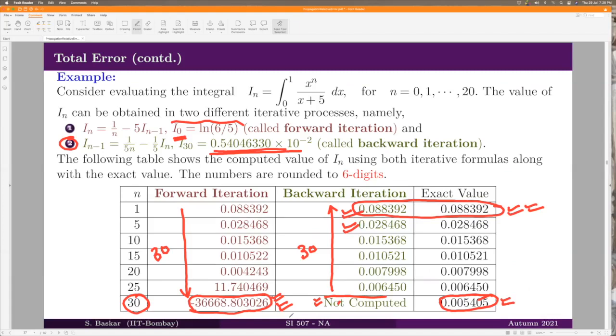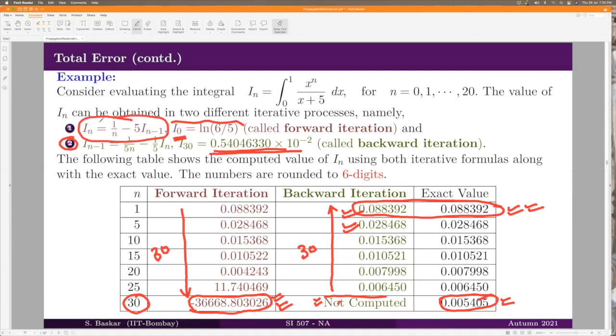So the error that is propagating in your computation makes your final answer nowhere near what you want. So you have to be very careful in handling computers. Computers are very powerful tools, but they are very, very dangerous. You may be mathematically accurate in your formula. See here, your formula is accurate.